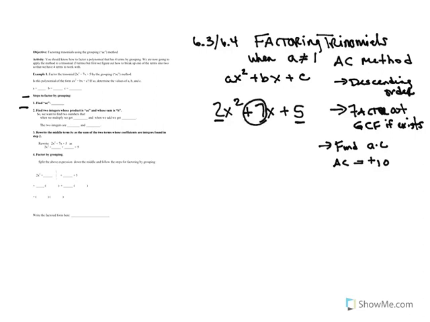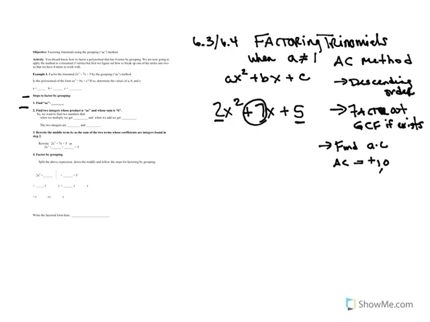We're doing the same process, but instead of just C, it is now A times C, because our A is no longer 1. In the previous section, when A was 1, 1 times C just gives you C. Here A times C is some other value than C. In this example, our A times C is 10.